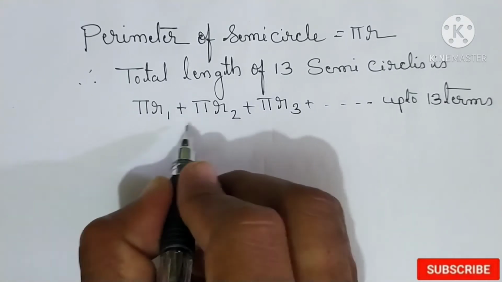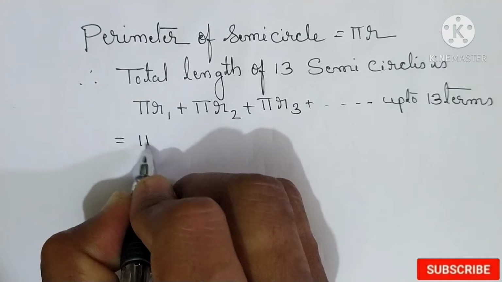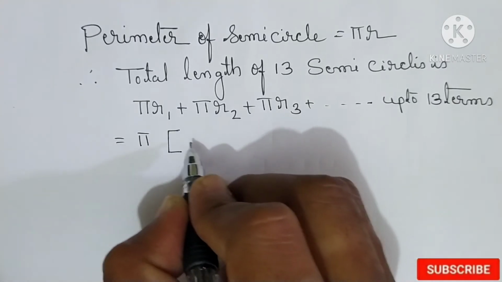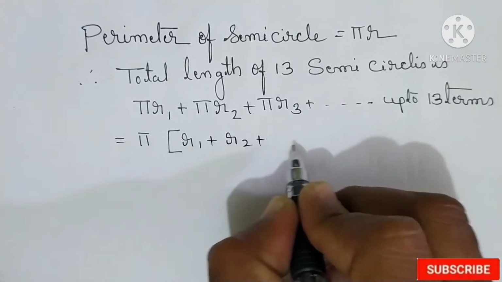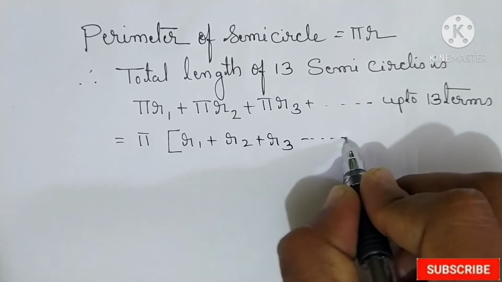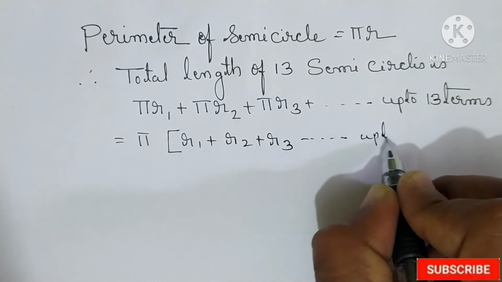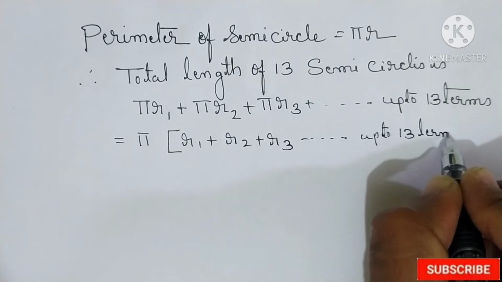Now here we should take pi common. Inside the bracket remains r1 plus r2 plus r3 and so on up to 13 terms.